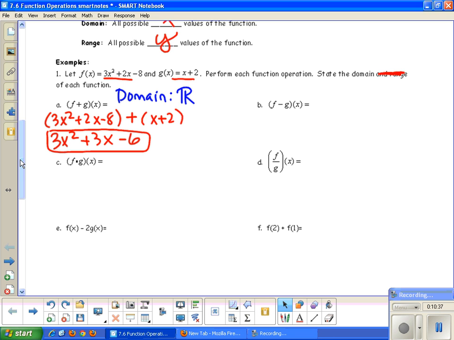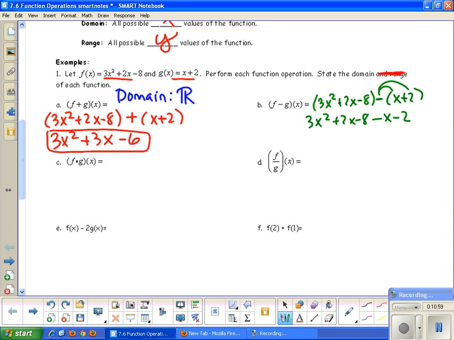Now we're going to do subtraction of functions. So now instead of adding, we're subtracting, and again, notice that I always like to put everything in parentheses, because if you don't, then you might miss the fact that right here we have to distribute that negative to each of my terms. So this is 3x squared plus 2x minus 8 minus x minus 2. And then after you distribute, you combine like terms.